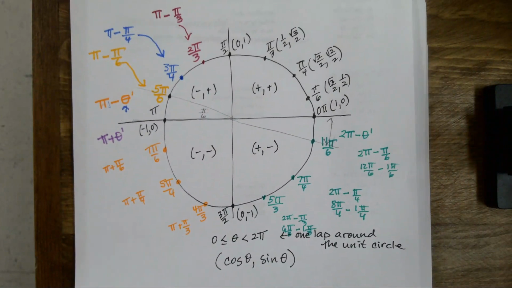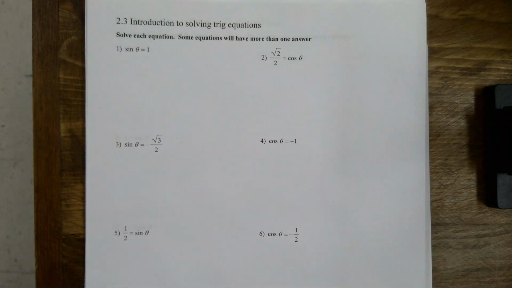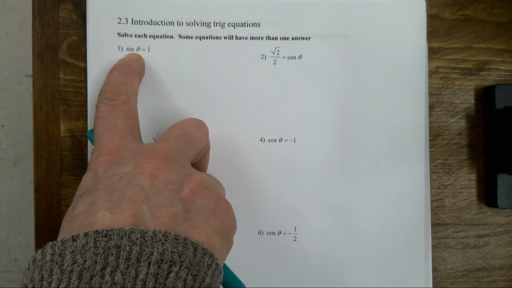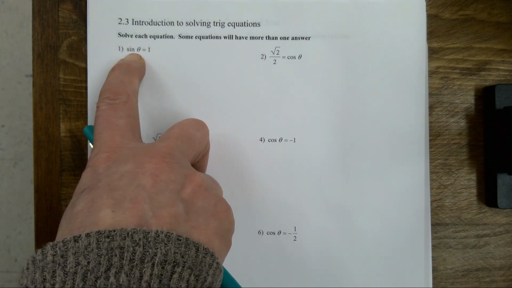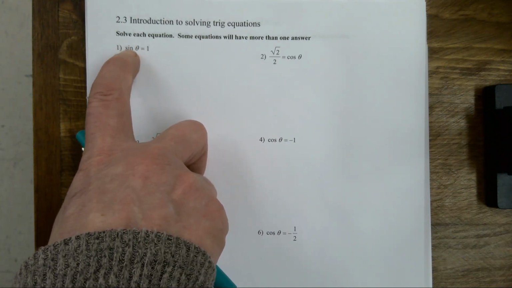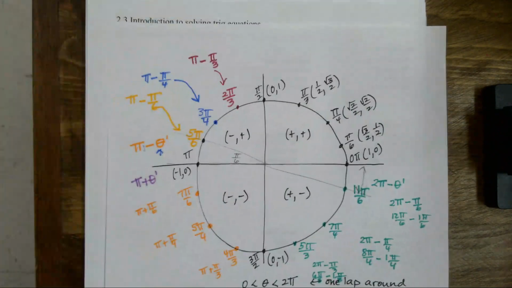This picture is going to help me, because there's an equal sign. I need to find the angle measure. At what theta measure is the y coordinate 1? So I look back at my picture.